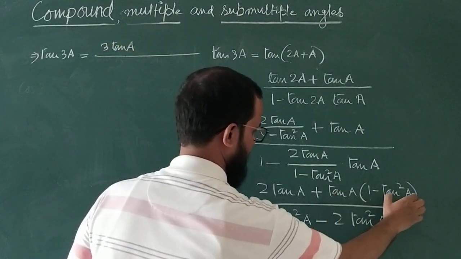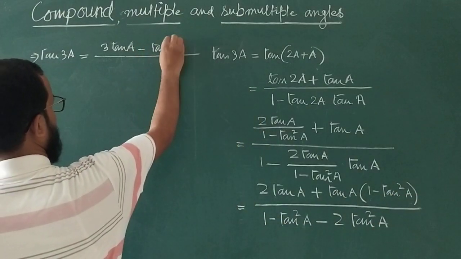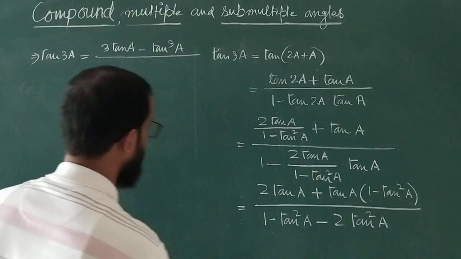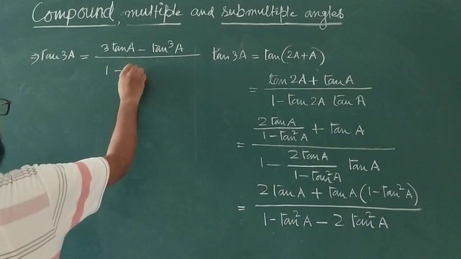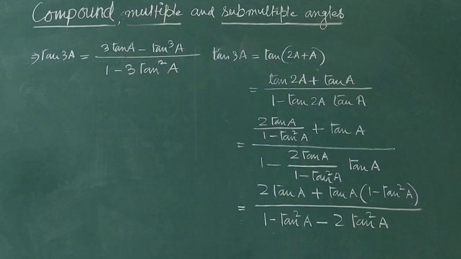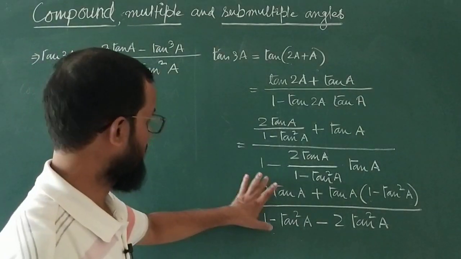And this tan a into tan square a means tan cube a, and the denominator is 1 minus 3 tan square a. Okay, so I hope you understand how to go from this step to this step.